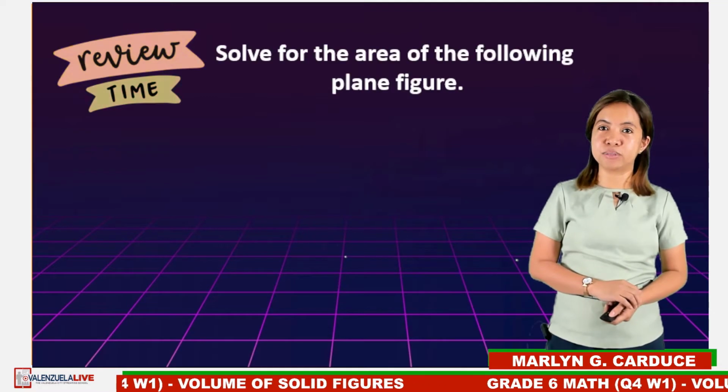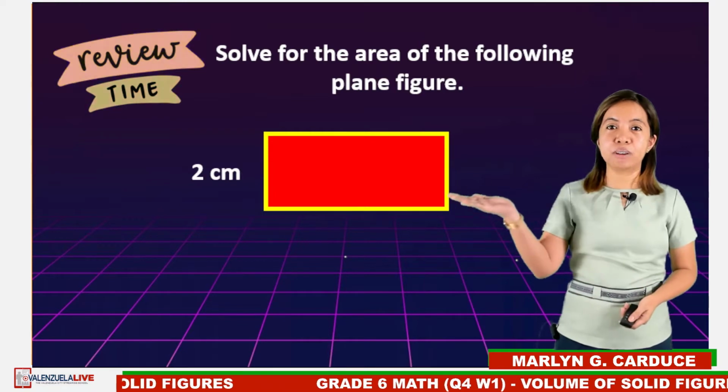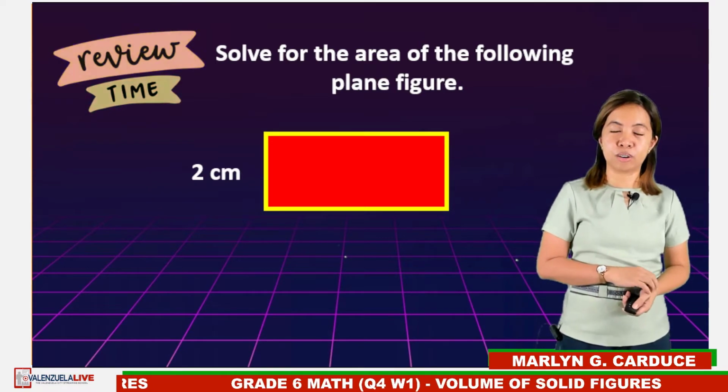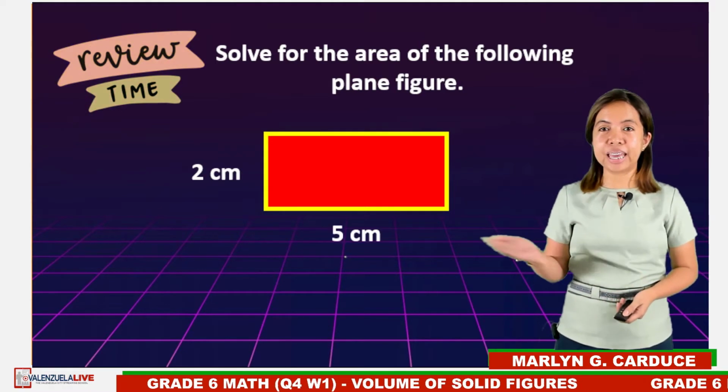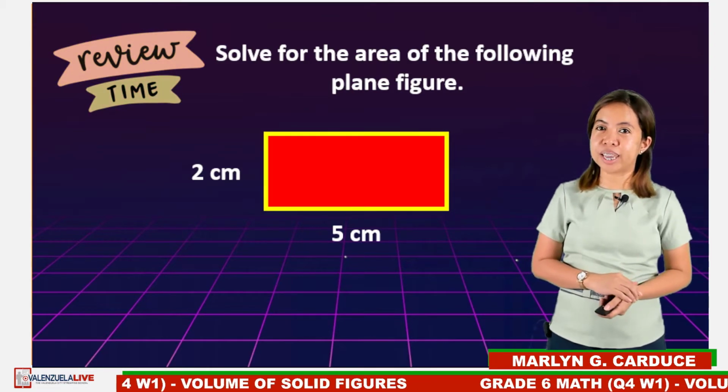And for the last figure, let's solve for the area of a rectangle with a width of 2 centimeters and a length of 5 centimeters. What do you think will be the area for this?